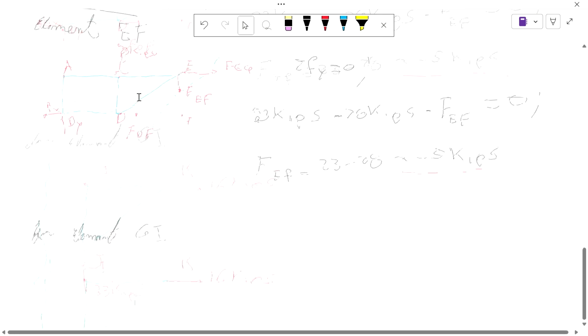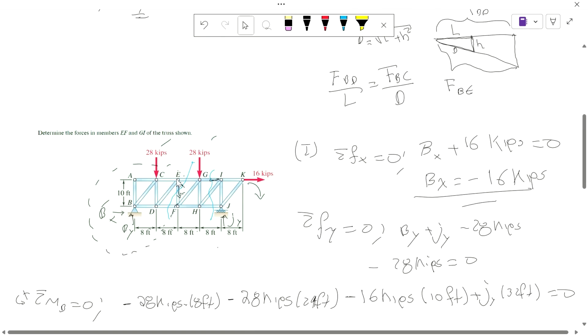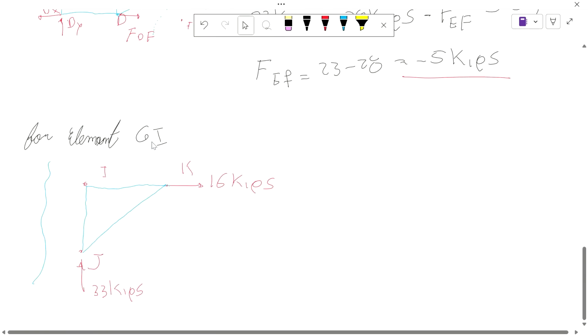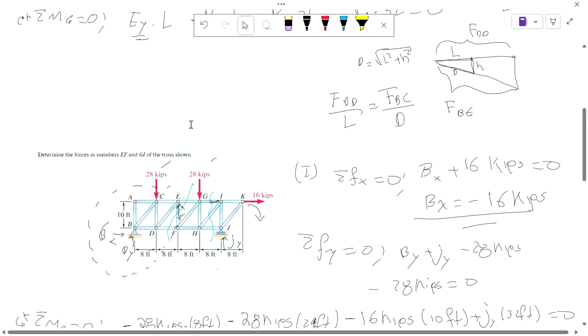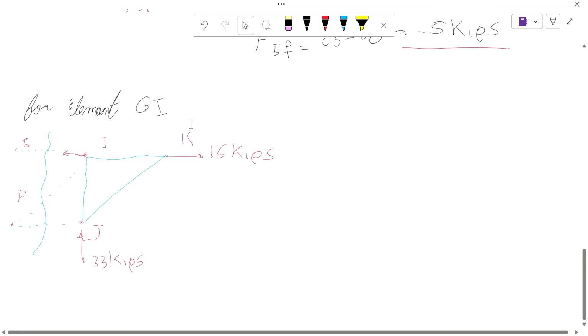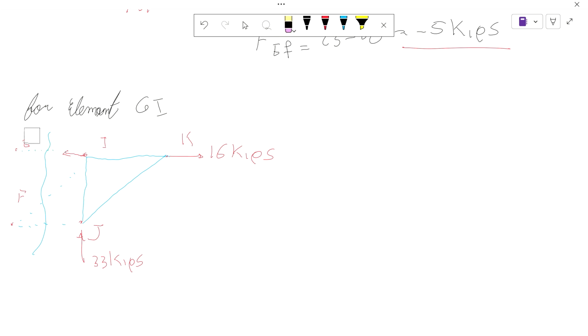So if you look carefully, we have point E and F, which are after the cut. And point E and F will be like right here, which means that we have the force, one second, the forces are G and H. I apologize, G and H. Yeah, because we're finding GI.